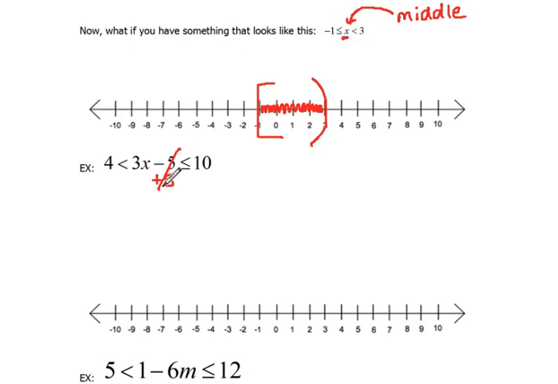We are allowed to do that as long as we do it to all three sides, sort of. You think about it that way. That way we've maintained balance. So now, on the very left, we have 4 plus 5, which is 9, less than 3x in the middle, less than or equal to 15.